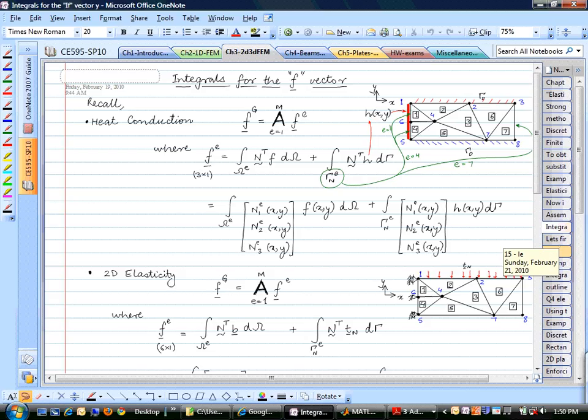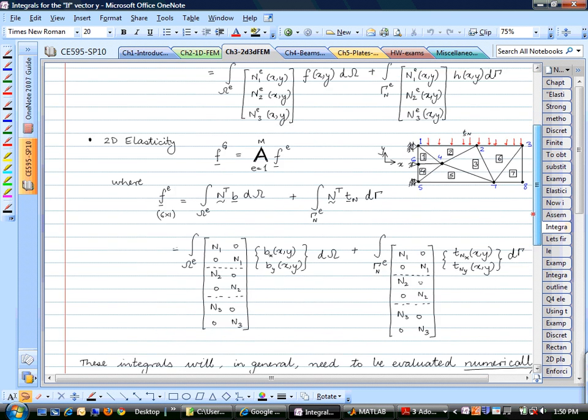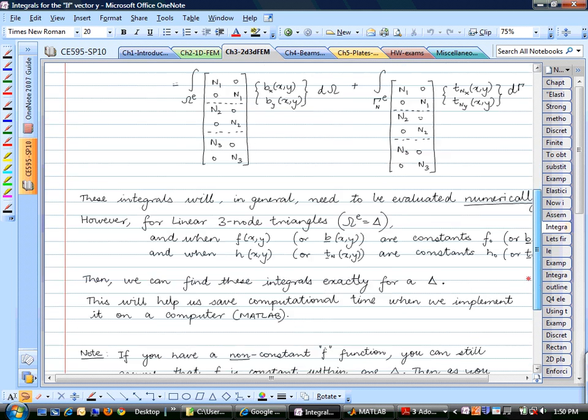One critical thing is the integrals for the domain, either the K matrix or the F vector. For the triangular elements, you can find those integrals exactly for the CST element, and so those are the types of problems that I could give you on the exam.